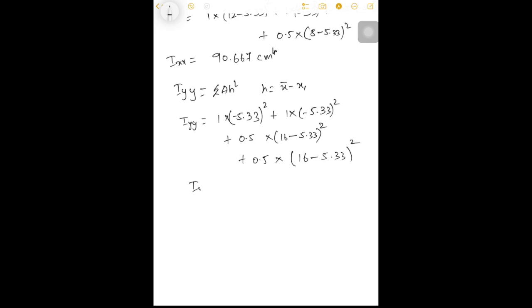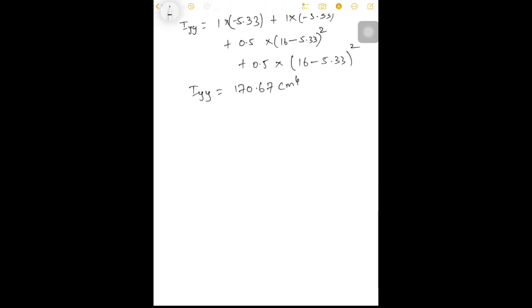So when you solve this one, you will get the Iyy value 170.67 centimeter power 4.